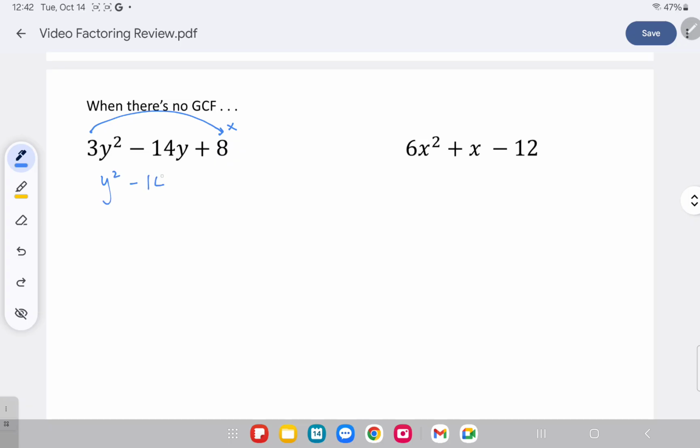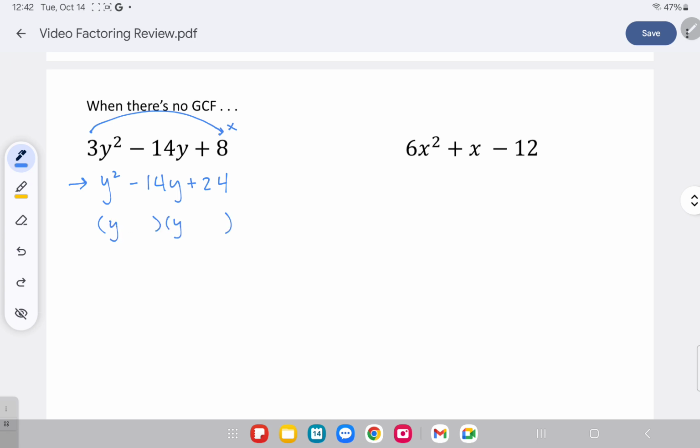Basically, we're cheating. We didn't want that number in front, so we multiply it by that back number so that we have a quadratic that looks like what we're used to factoring. This, we know how to factor. We cheated, but don't worry, we're going to uncheat later.